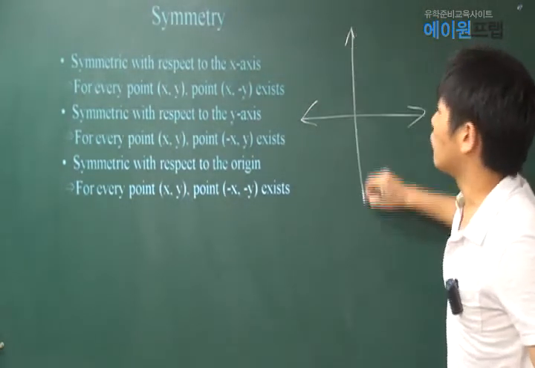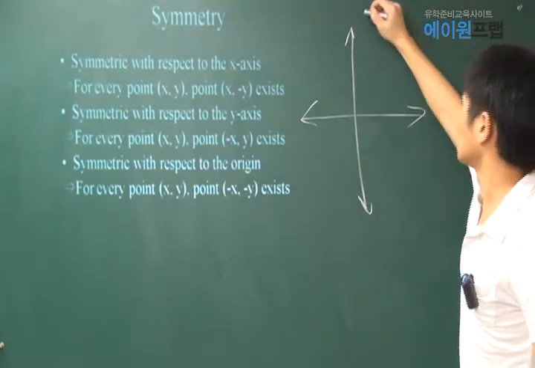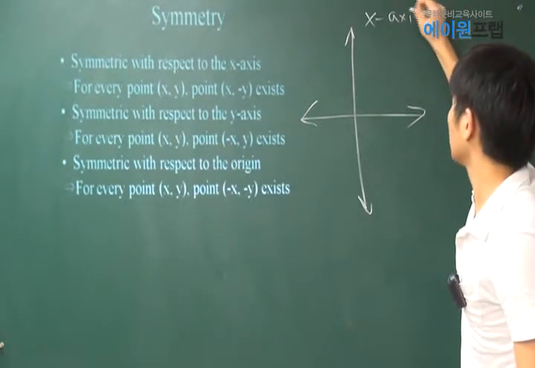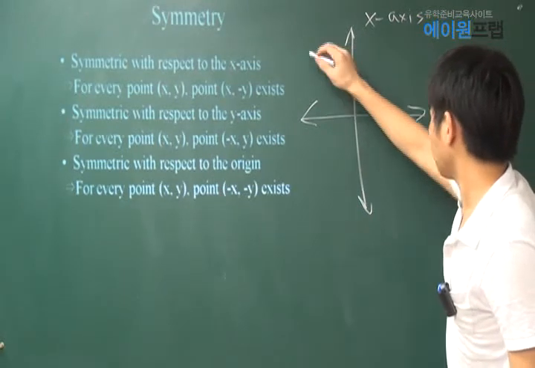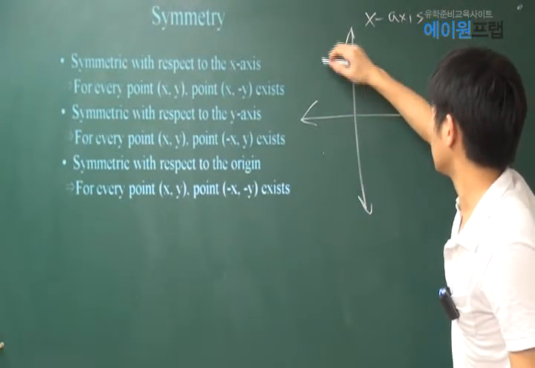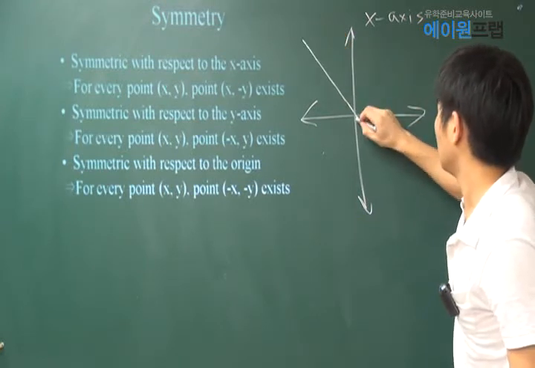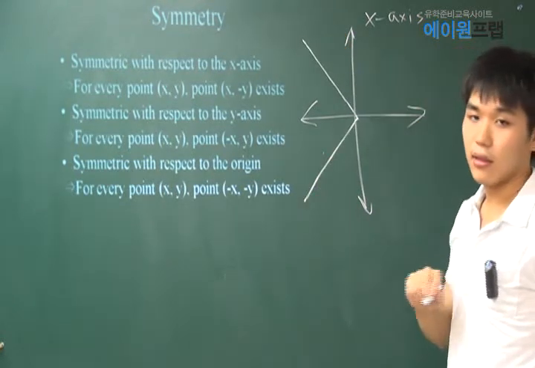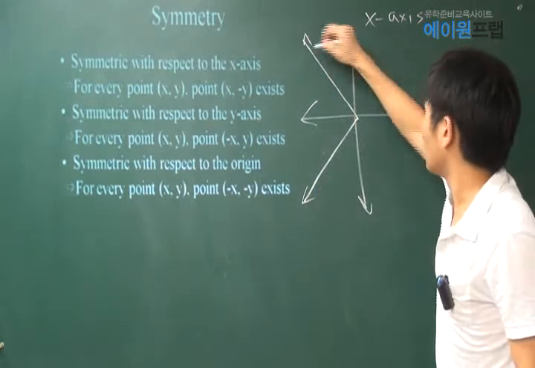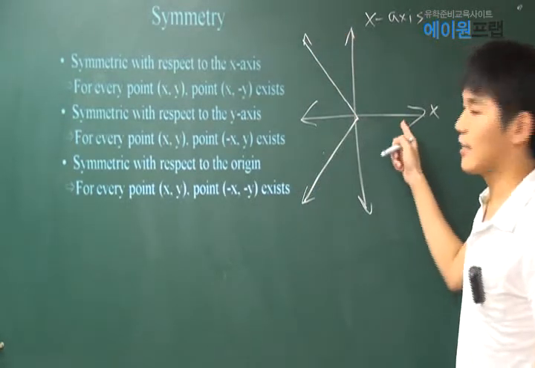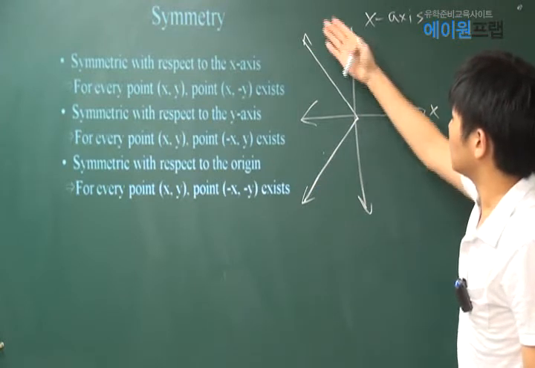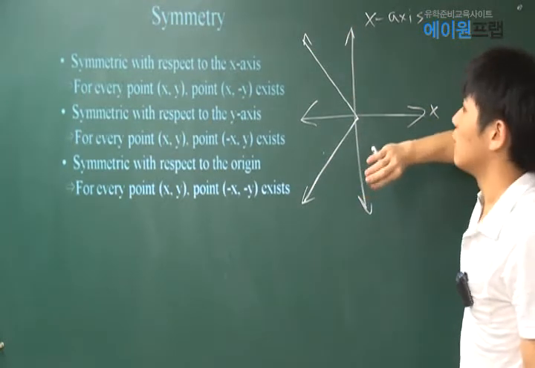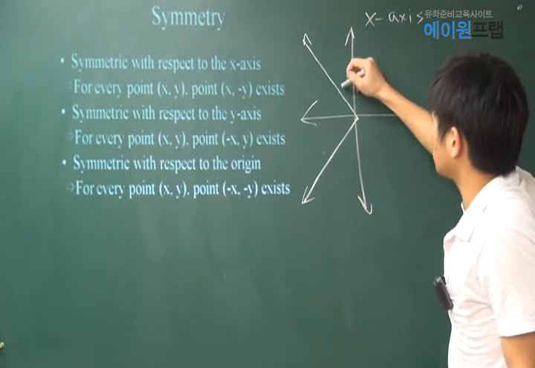So first, we start off with symmetric with respect to the x-axis. Okay, so this is the x-axis. So I'll have a graph something like that. Now, if you look carefully, what's going on is that if we look at the x-axis as if it's a mirror, the graph is completely reflected. Let's just pick some points.